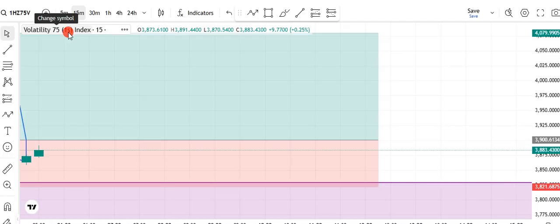My stop loss is 3820. So that's my price stop.